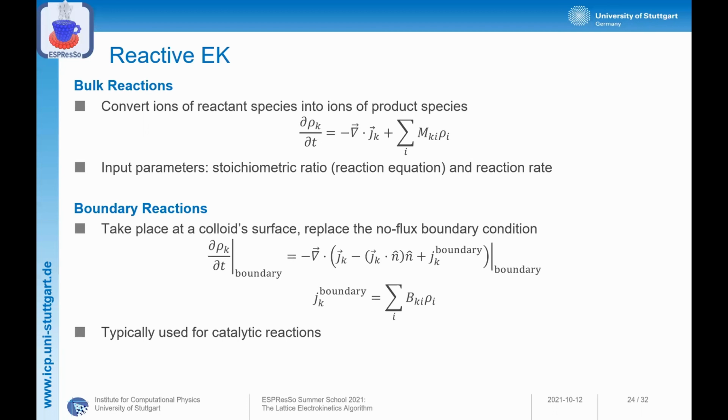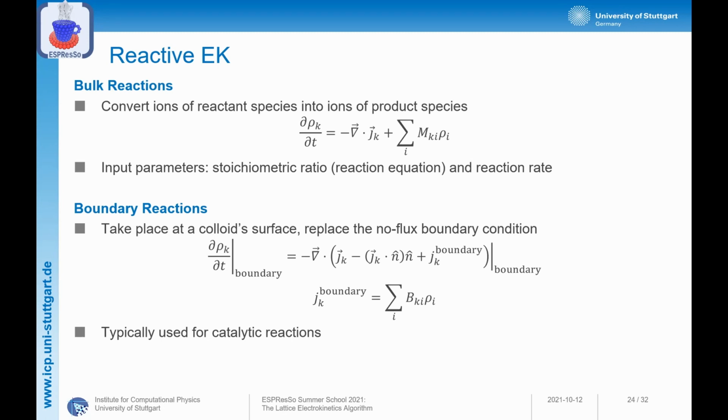The reaction itself couples the densities of the different species together in a way that, for example, if you have a reaction from species A to species B, then species A depletes everywhere, and species B gets created everywhere. And this rate of depletion or creation is based on the density of species A. So those species can be coupled in that way.